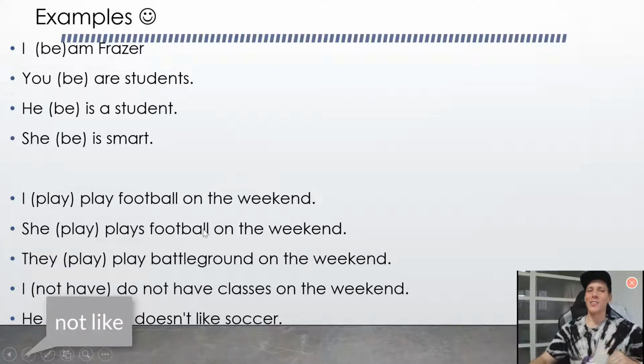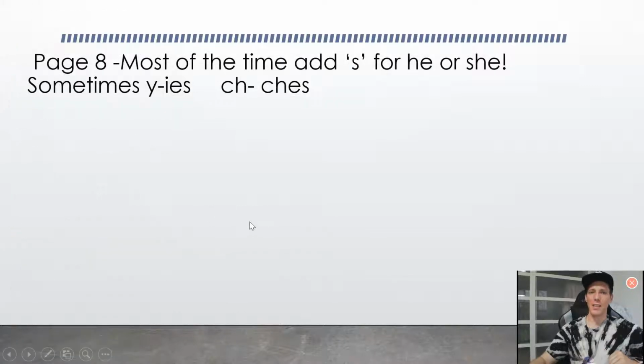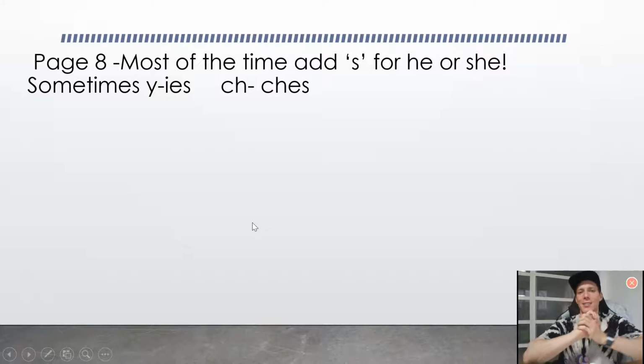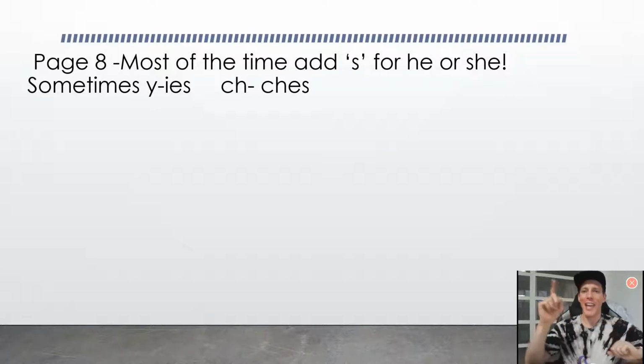Now, what I want you to do is go to page 8 and do part B. Now, part B is just a simple fill in the blank. Now, remember, if it's talking about I or they, the verb doesn't change. But if we're talking about he or she, we add S onto the verb.